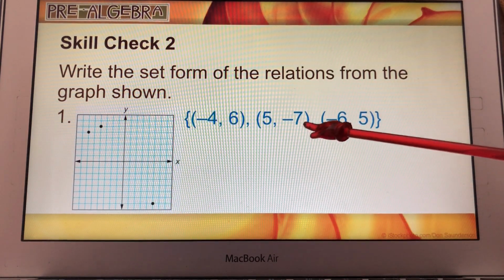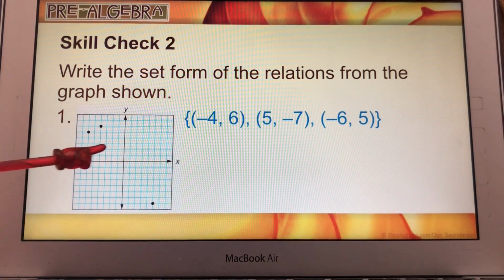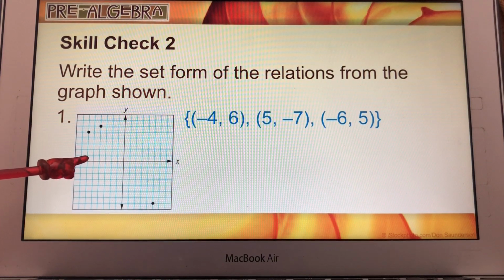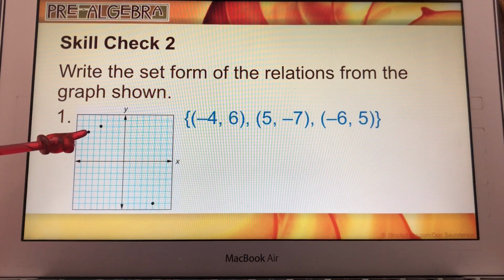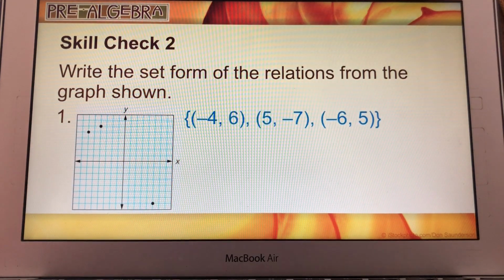So that's 5, -7. And then for this one, we went 1, 2, 3, 4, 5, 6, and then up 1, 2, 3, 4, 5. So we have -6, 5 for this point.